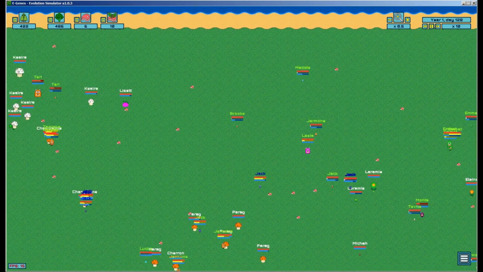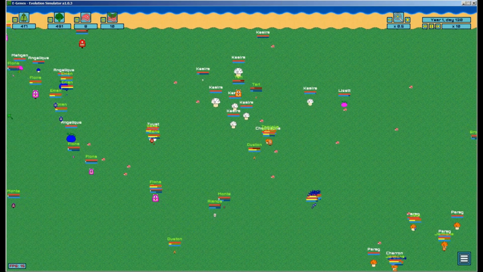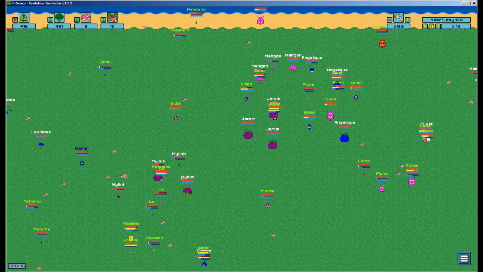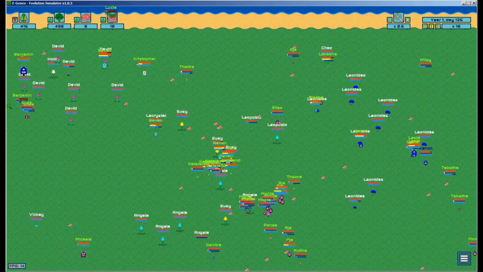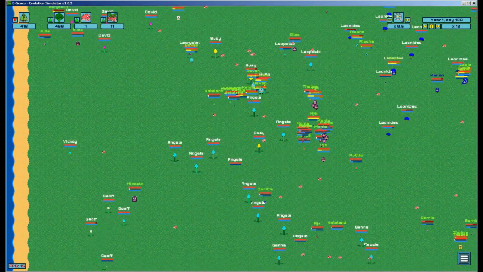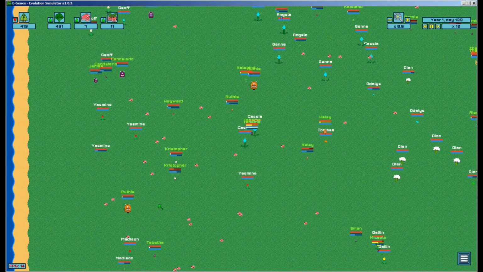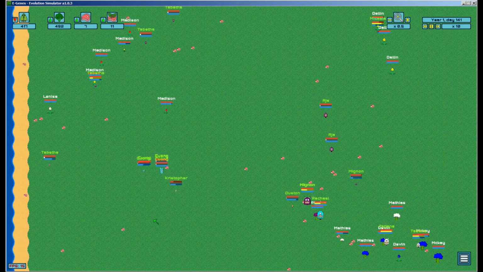You can zoom in and zoom out using the plus and minus buttons at the top right corner. In the top right corner, you can also adjust the simulation speed.